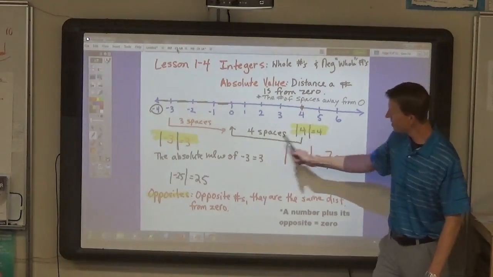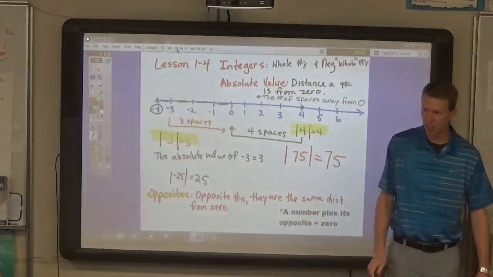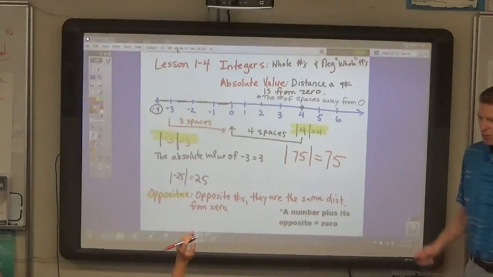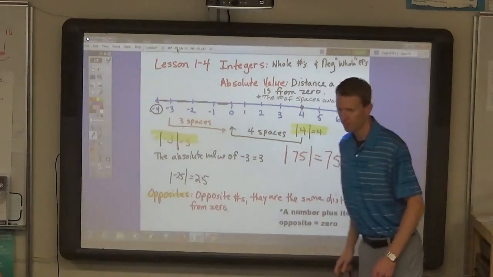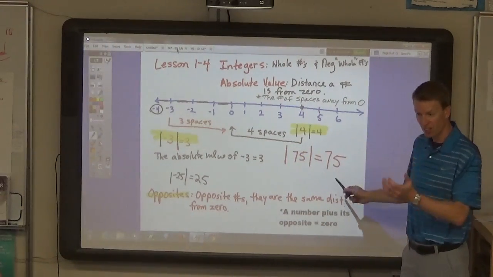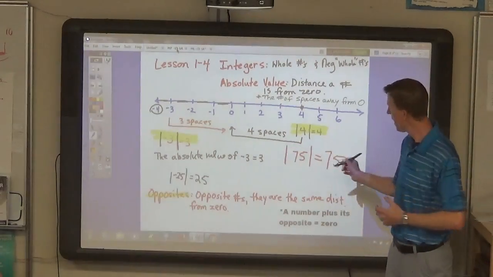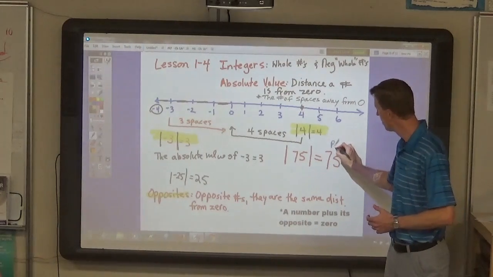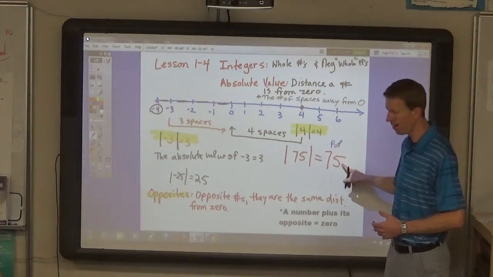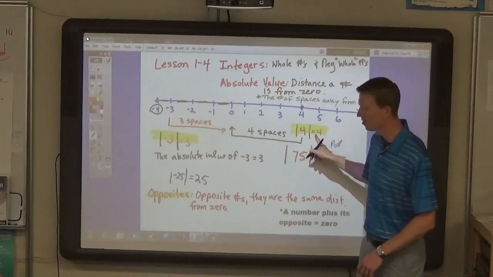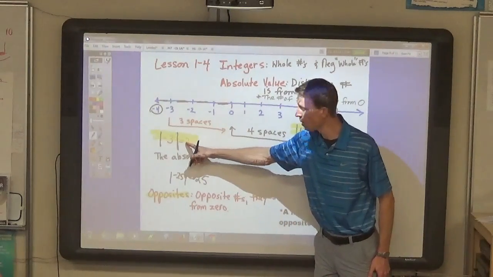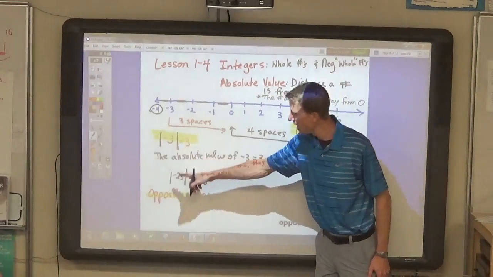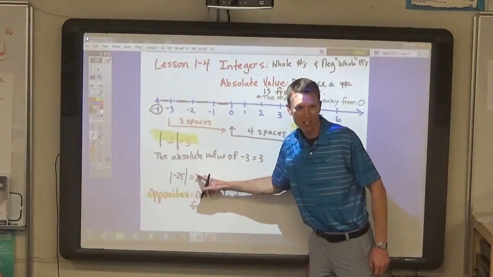What do all of these have in common? All these answers? Roy? They're all opposites or the same number. Yes, they're all opposites or the same number. And they're all positive. This is positive 75. This is positive 4. But the absolute value of a negative number is also positive, isn't it? The absolute value of negative 25 is also 25.